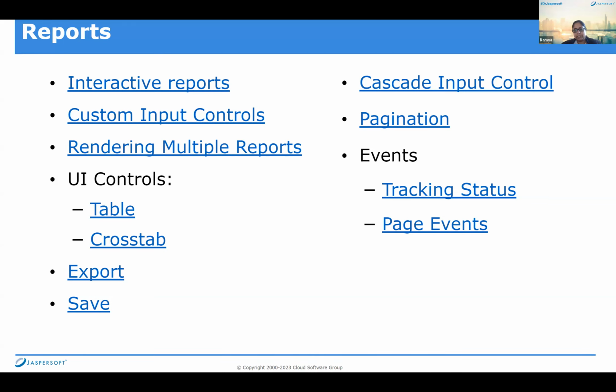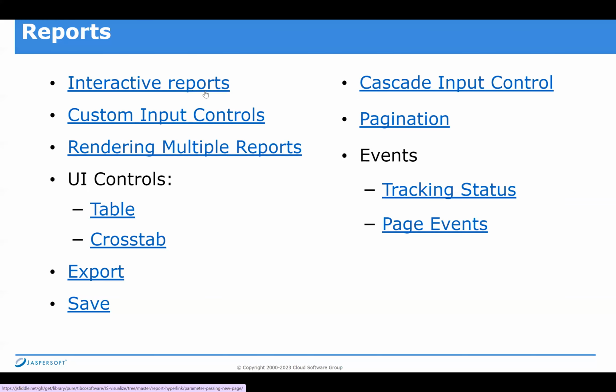And we can track events like report completion state, the on-click event, which is especially helpful while working with hyperlinking, and page events like how many pages the report has and what the current page is. Such events are supported in the report functions.